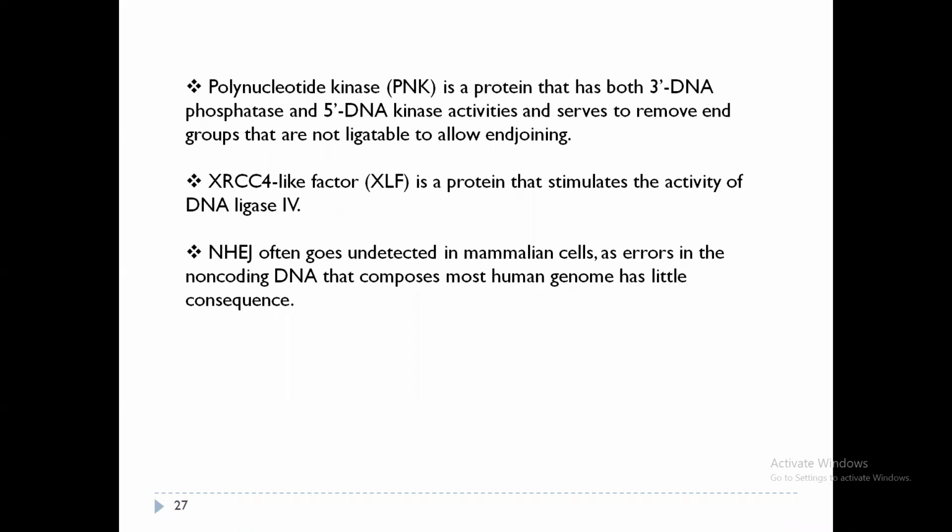And it serves to remove end groups that are not ligatable to allow end joining. Because in non-homologous end joining, there is not a simple ligation of the broken ends. It needs some modification. There may be some portions which are not ligatable, so that should be removed.